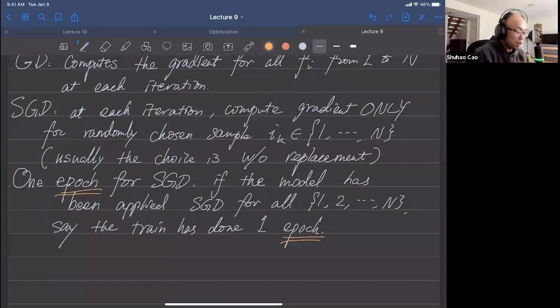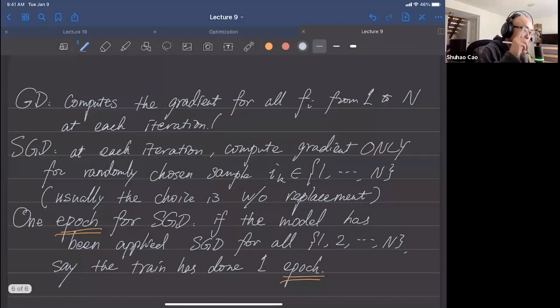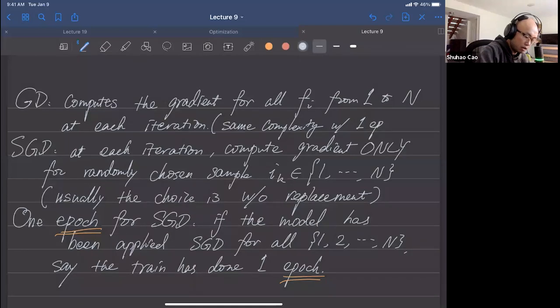So as we can see here, if we use this definition, one iteration of gradient descent has almost at least the same magnitude, the same complexity, as one epoch of SGD.